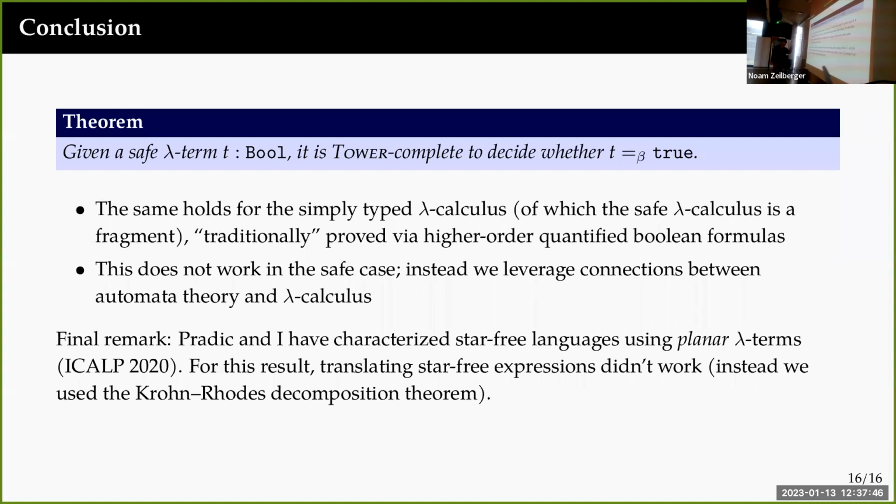Oh, I forgot to mention one nice thing about safe lambda terms, which is that there is a way to reduce safe lambda terms, which requires you maybe to reduce multiple lambdas at once sometimes, that avoids variable capture. So you never need to alpha-rename variables when you reduce a safe lambda term, if you allow yourself to substitute simultaneously the three arguments of a three-argument function.